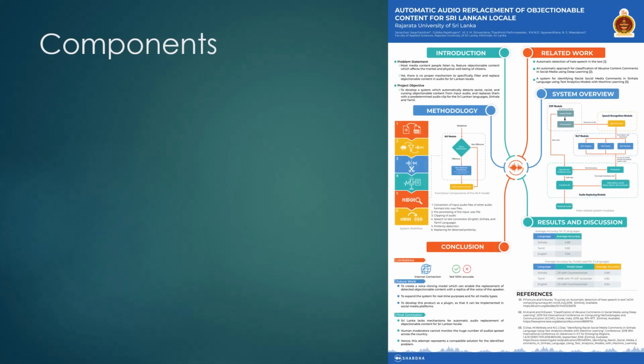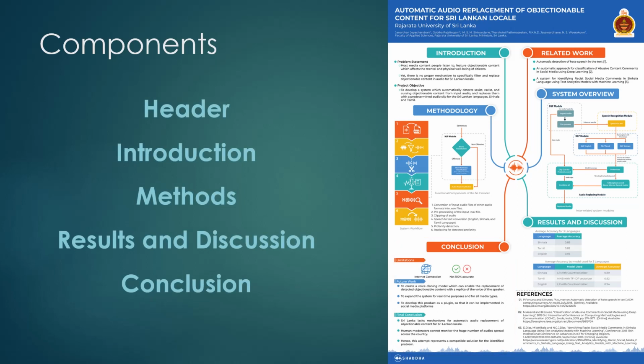Starting from the top of the poster, there should be a header, an introduction, methodologies, results and discussion, and the conclusion. These are the necessary components that need to be included in a poster.